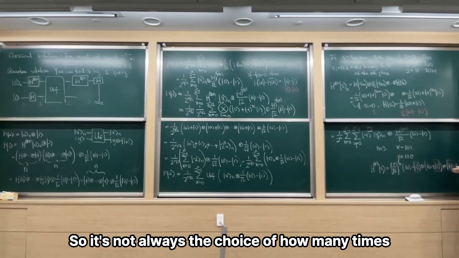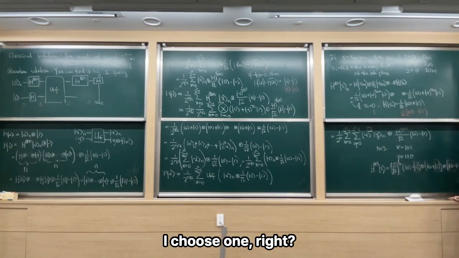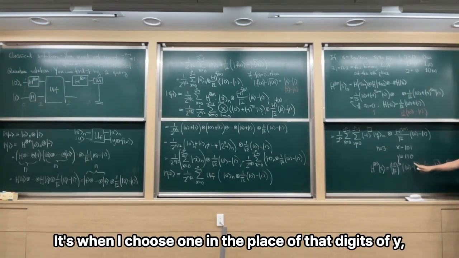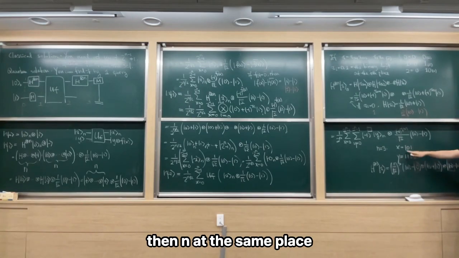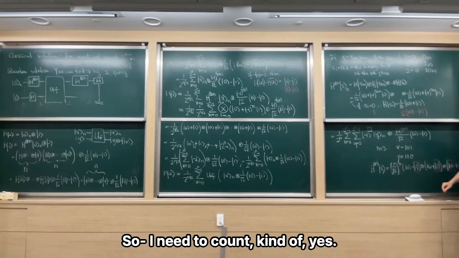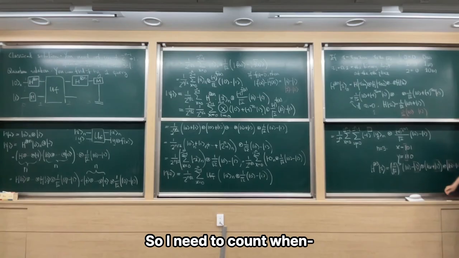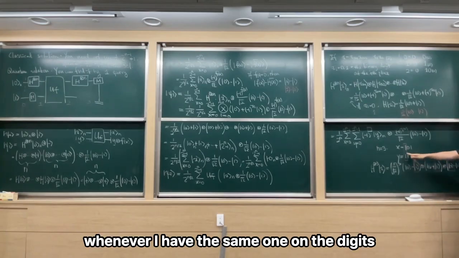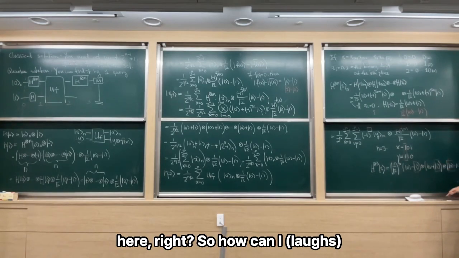Minus. So it's not always the choice of how many times I choose 1, right? It's when I choose 1 in the place of that digit of y, and at the same place, my digit of x is also 1, right? So I need to count whenever I have the same 1 on the digits here.